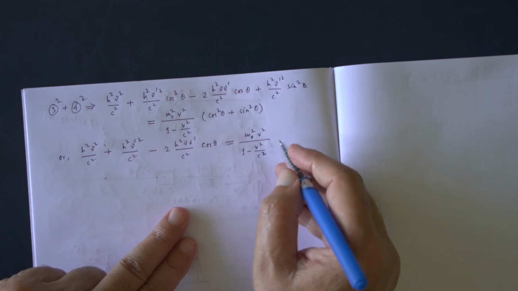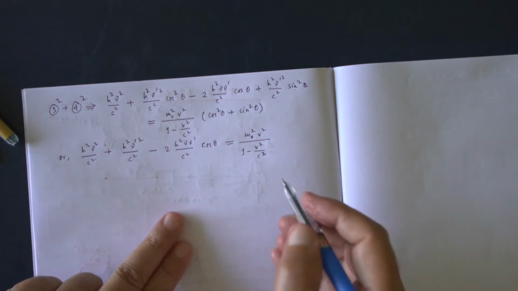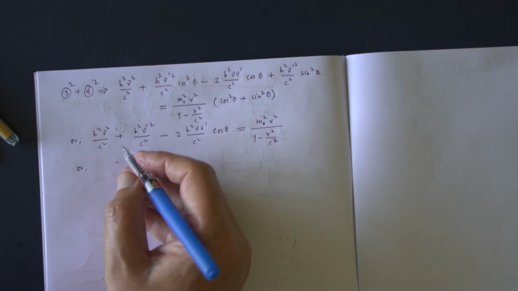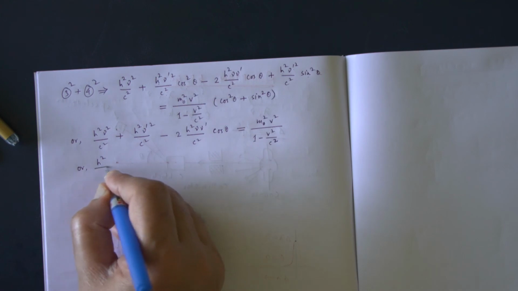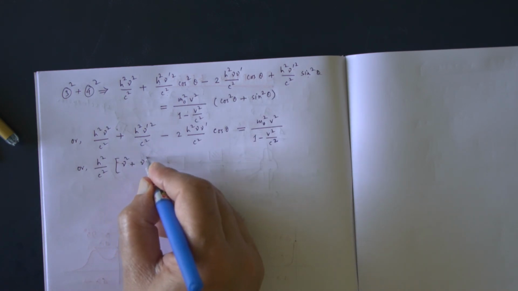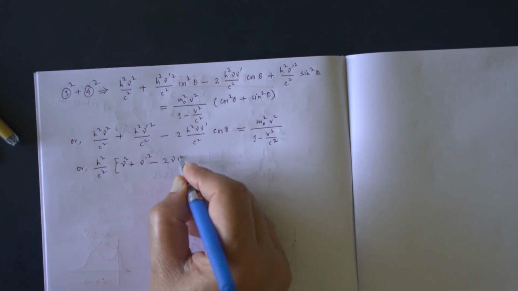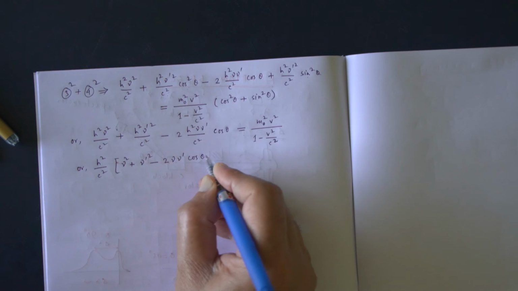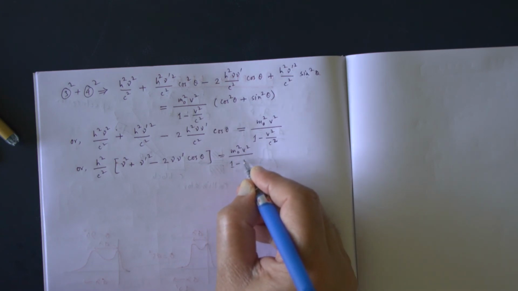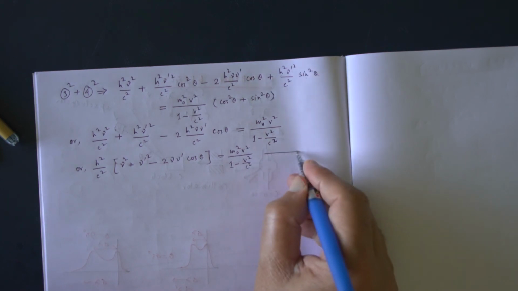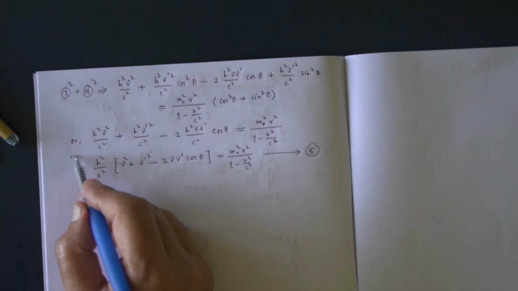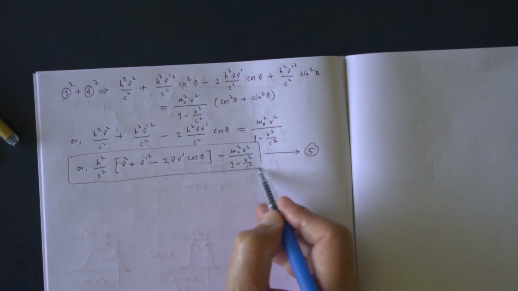We can write h square by c square common, so that we get nu square plus nu dash square minus 2 nu nu dash cos theta equal to m naught square v square over 1 minus v square by c square. So this is equation number 5.